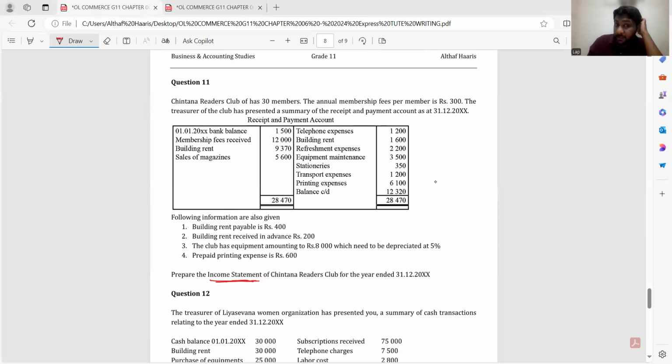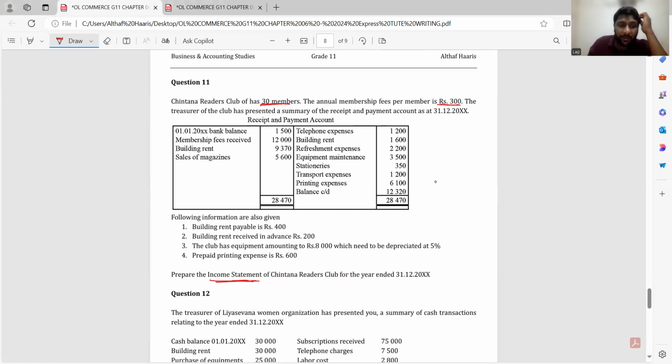Chintana Readers Club has 30 members. The annual membership fee is 300. The treasurer of the club has presented the summary of receipt and payment account as at 31st December 20XX.